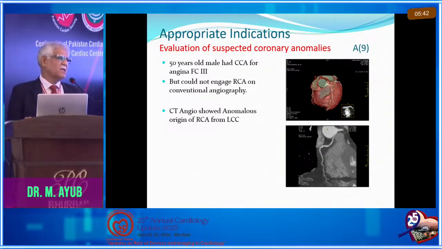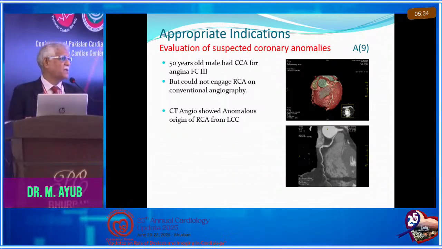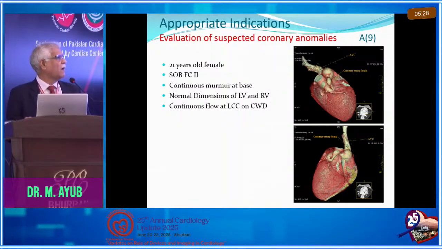It is an excellent test when you are suspecting coronary anomalies. Sometimes you are not able to engage coronary arteries and the anomaly is the reason, and then CT angiography can define the anomaly in its entirety. A patient with coronary fistula.